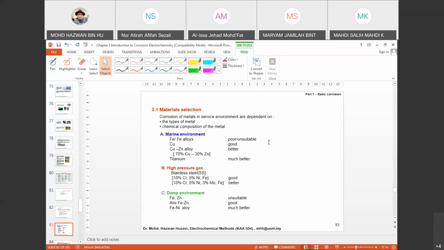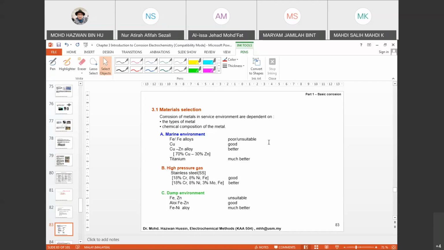If you want to work in a marine environment, you know that pure iron is not suitable because it can trigger corrosion and the materials will be damaged fast. But how about copper? Copper is slightly corrosion resistant, so this is a good material. Of course, alloys like copper with zinc are much better.